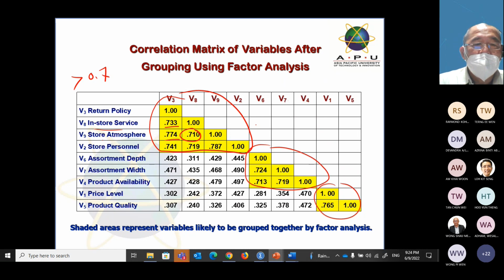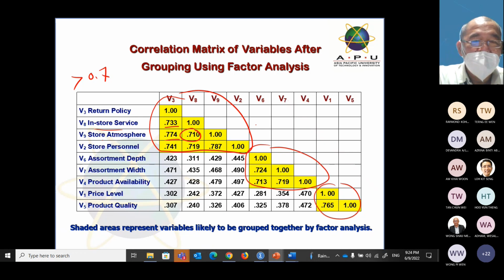So you can find maybe three vectors now. Maybe not too easy, but now you can easily find the grouping, three groups, three vectors, but it is not easy to find the name of the vector.